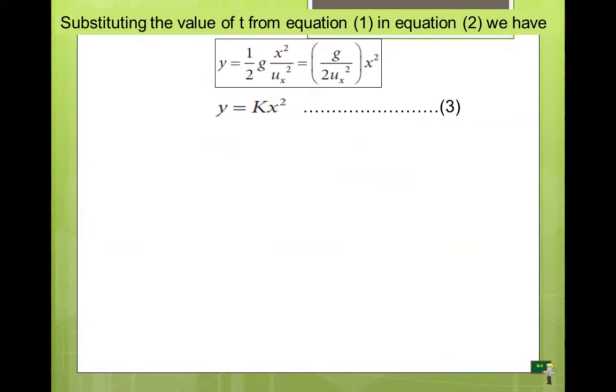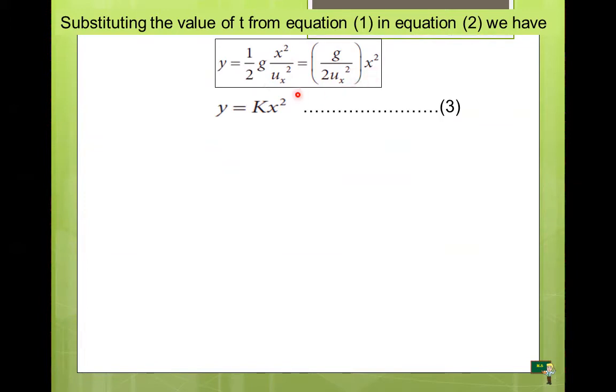Substituting the value of t from equation 1 in equation 2, we have y equals 1/2 g into x square by ux square, which we can write as g by 2ux square into x square.